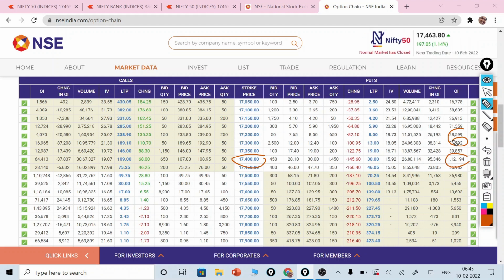Upside is open, but call writing is there. So the range for the market is from 17,400 to 17,600. If it crosses convincingly above 600, it can go to 700. So that is the analysis of Nifty and Bank Nifty for today.